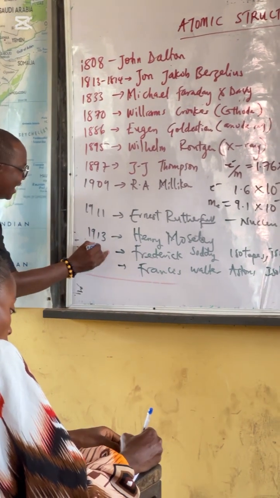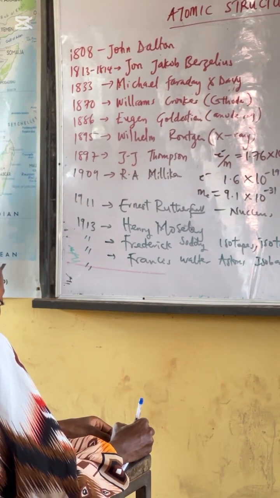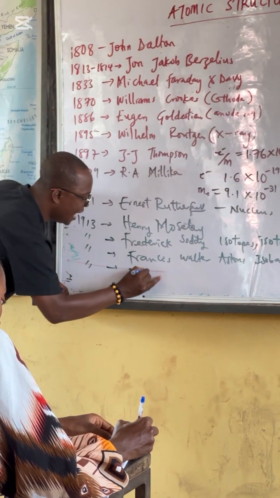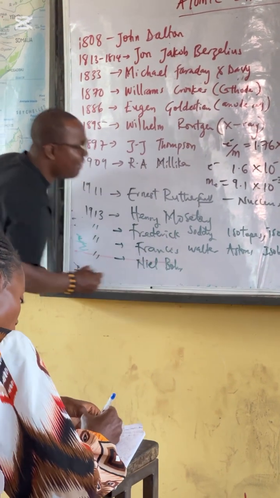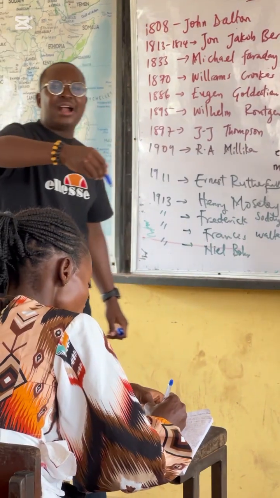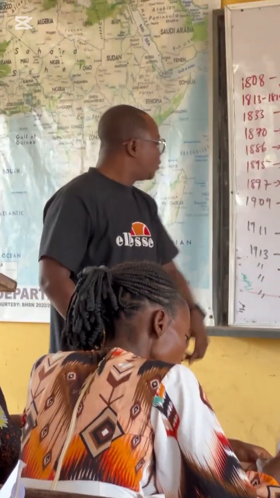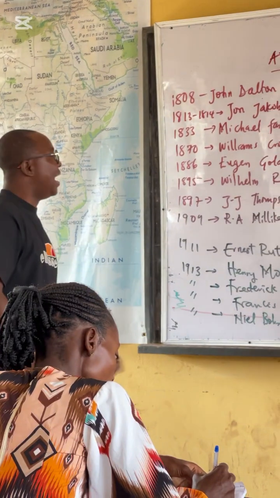In the same year, 1913, another scientist, I told you there are 4, the name of that scientist is Niels Bohr, discovered that electrons revolve around the shell in a planetary manner. The movement of an electron is in a planetary manner.